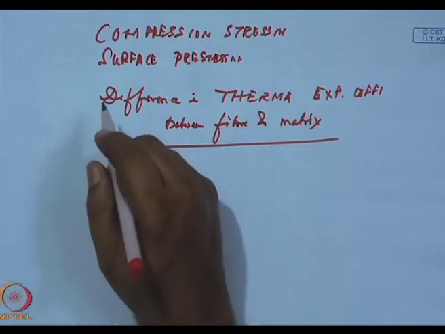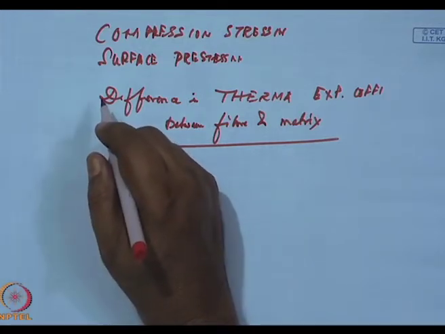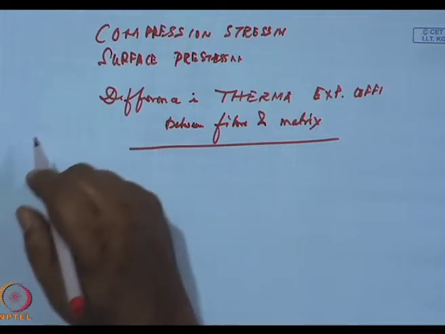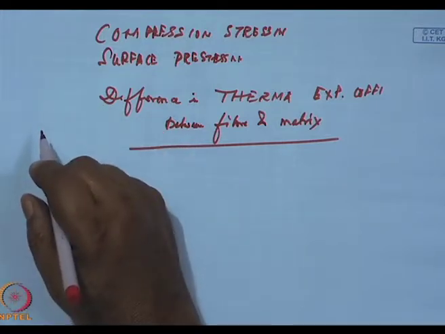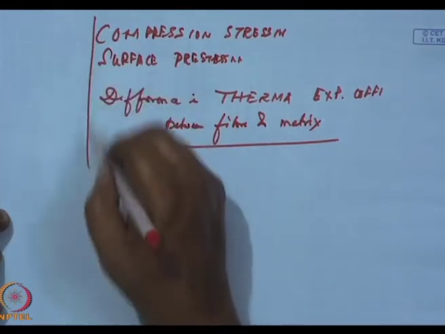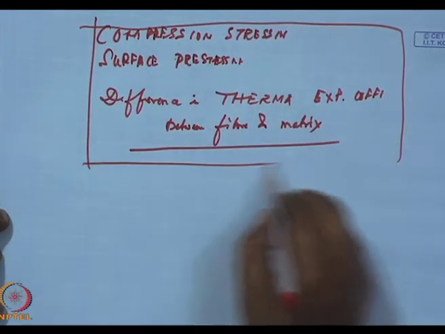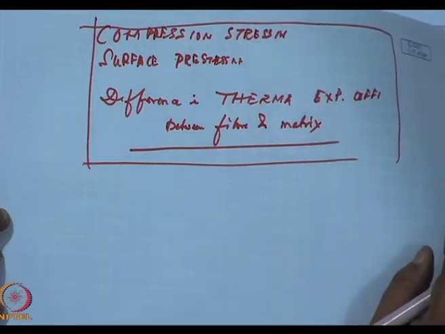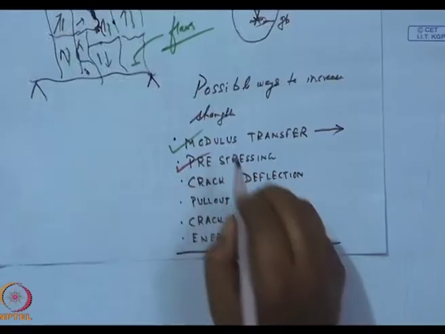If there is a difference in thermal expansion coefficient between the fiber and the matrix, what happens is that the fiber contracts more, and as a result the whole thing goes into compression. So all of these are basically going into compression, that is the pre-stressing that I had talked of.